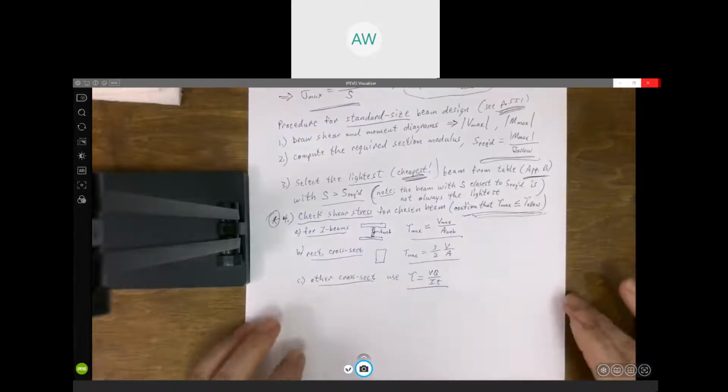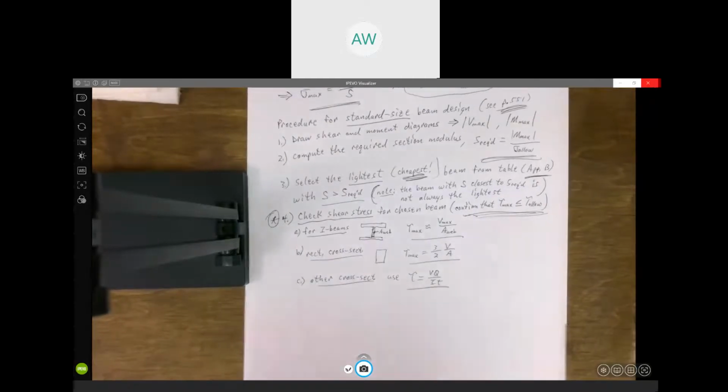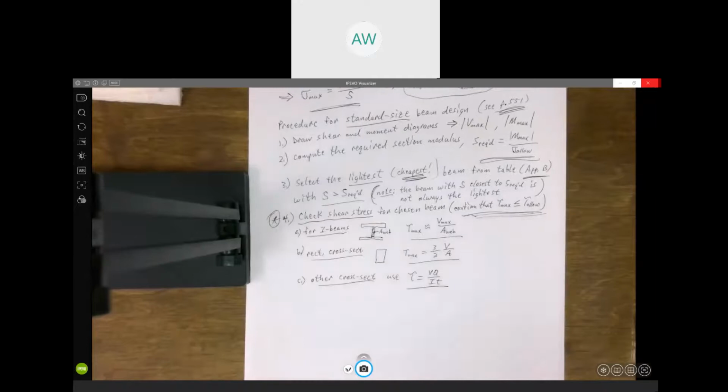That 1% of the time when the shear stress is not okay, that's going to be the time you were lazy and didn't do it, and the beam's going to break, the structure's going to fall down, it's going to cost a ton of money, might kill somebody. So don't not do step 4 there. All right, any questions about the procedure there that we're going to follow?